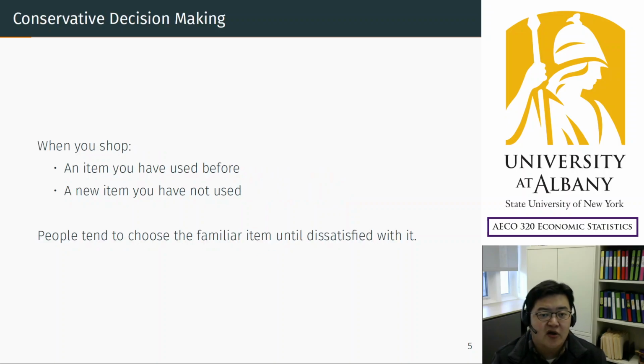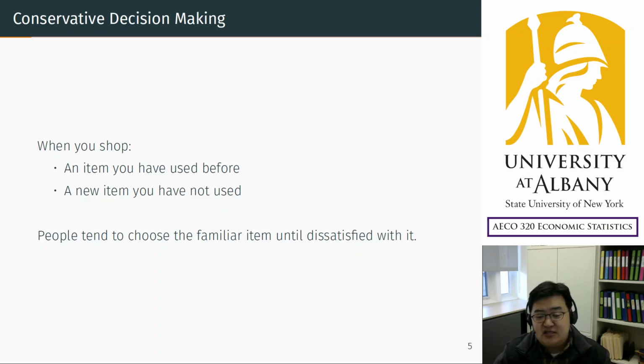Another example: your decision making itself is conservative. For example, when you shop or dine out, you may choose just the item you used before. You are not satisfied but not disappointed by the item, or alternatively, you may try a totally new item.